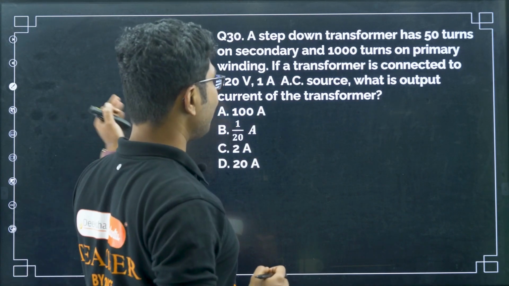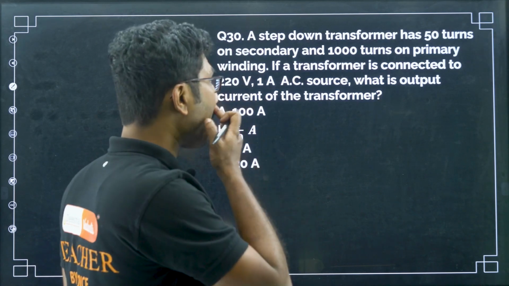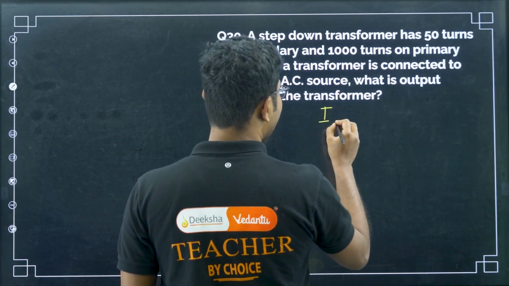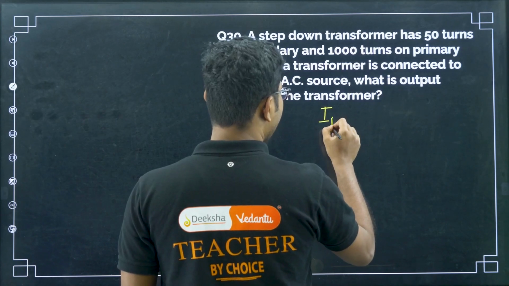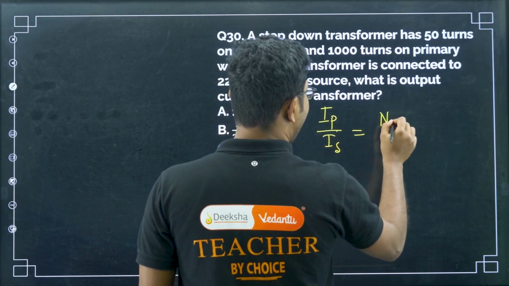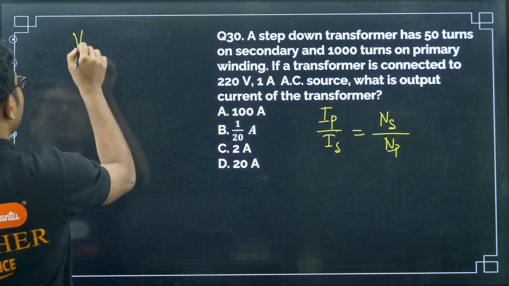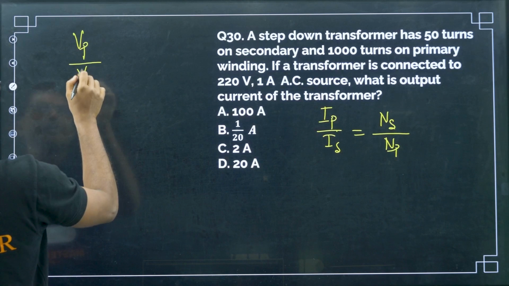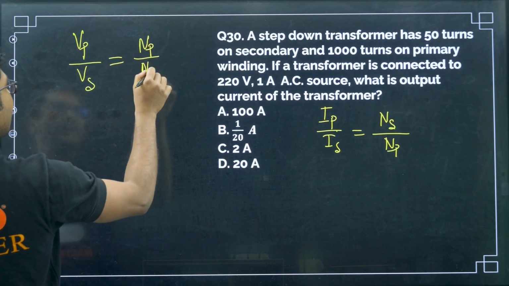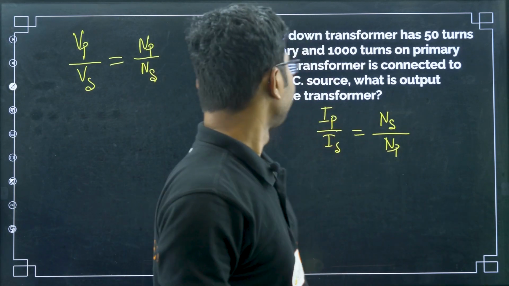First you calculate the input voltage, output voltage, then calculate current, that is also fine, but we have other ways to do that. If we know the current directly, we can say that IP divided by IS equals NS by NP. For voltage, Vp by Vs equals NP by NS, right. For current, it is actually opposite. So let us see.